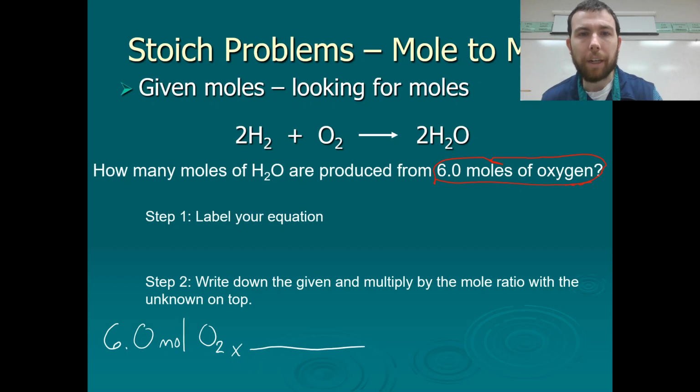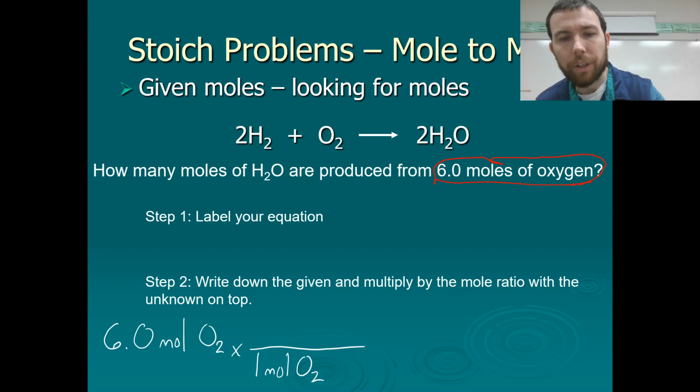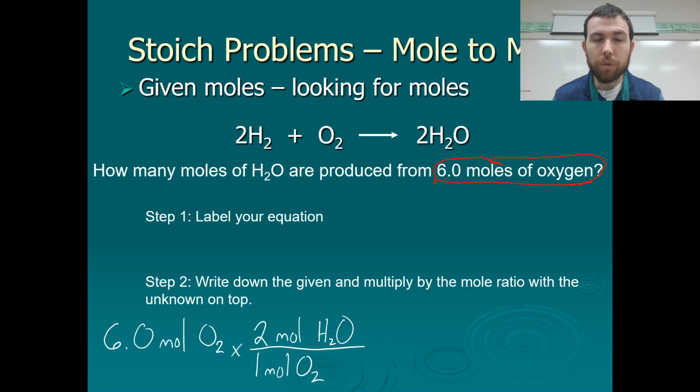In this particular case, I've got 1 mole of oxygen to 2 moles of water. So for every 1 mole of O2 that I have, that's going to produce 2 moles of H2O. Now, because it wants me to go to moles of water, my moles of oxygen are going to cancel, so I'm already set up in the units that I'm looking for.